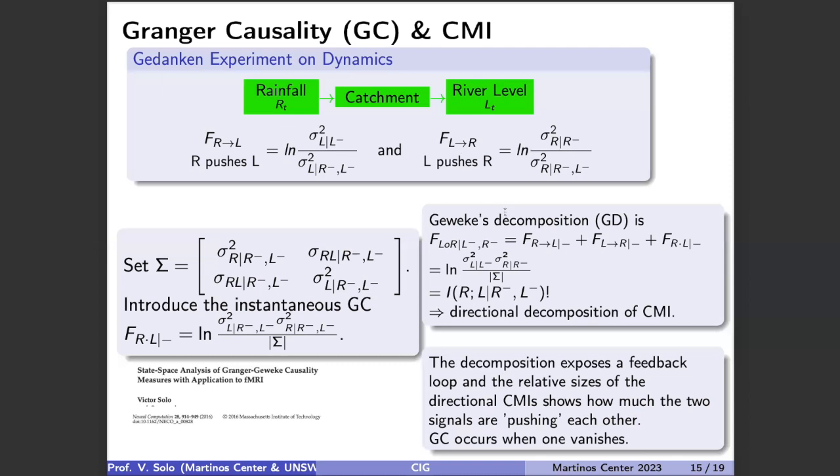There's a decomposition of a total trajectory measure of the relation between the two time series, which can be decomposed into a sum of these two directional measures plus an instantaneous measure. So this is due to an econometrician, John Gewicki, a famous guy.